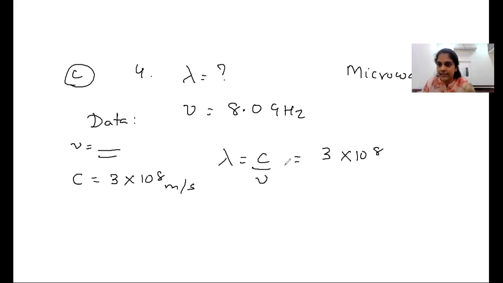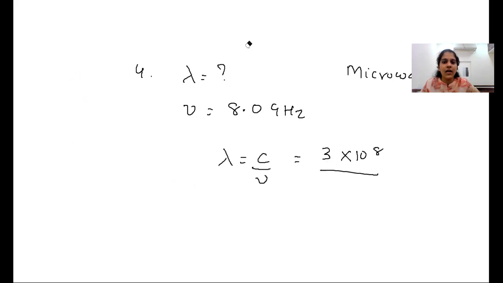Everyone knows that the value of C is 3 into 10⁸ meters per second, but it is your job to mention it because you are using it right ahead in the calculation. So just do this one thing. These are certain things that you should do on your own.